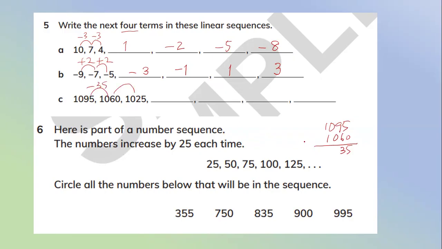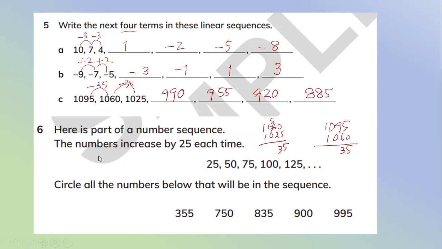And let's check 1060 to 1025, it is also negative 35. So the next terms are subtract 35 again: 990, 955, 920, 885.